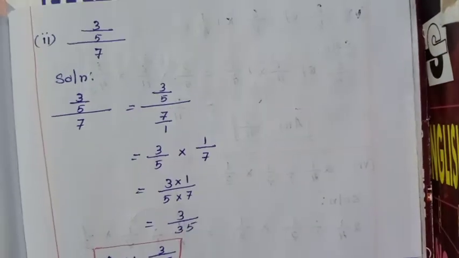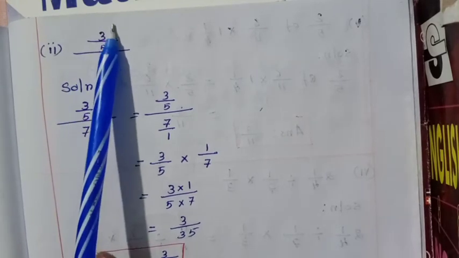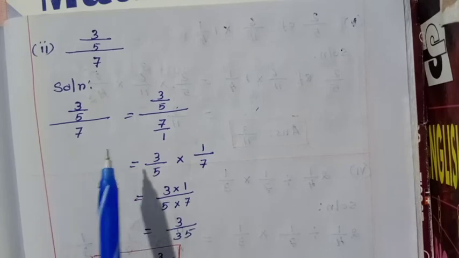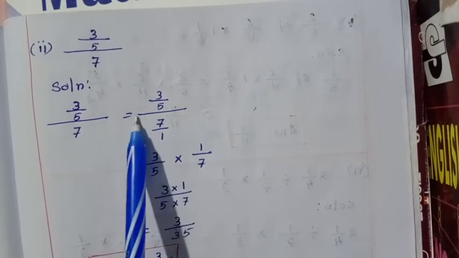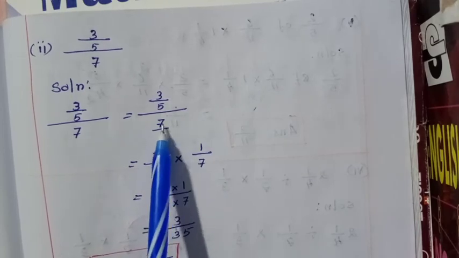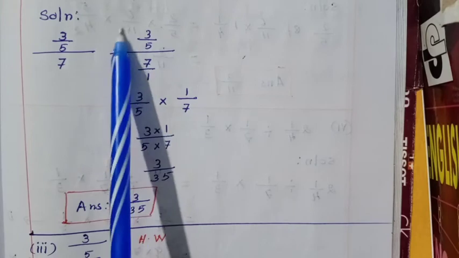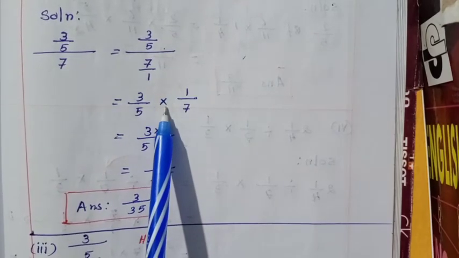Next, number 6, question number 2. 3 by 5 in the numerator by 7. 3 by 5 by 7 is equal to 3 by 5 all by, this is a common division, and 7 we can write as 7 by 1. Then the next line, numerator 3 by 5, this division changing and putting into.